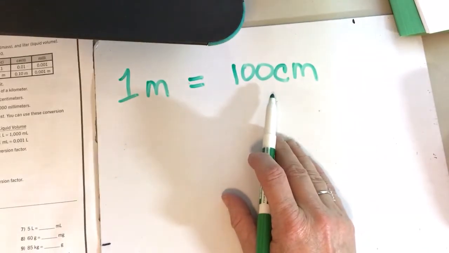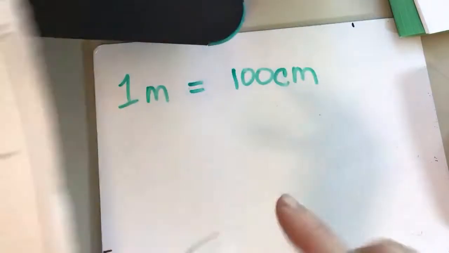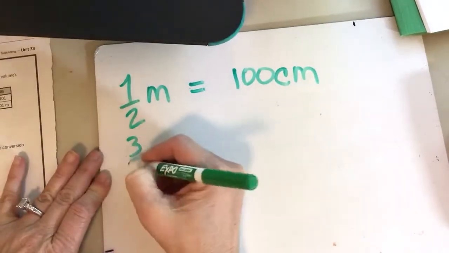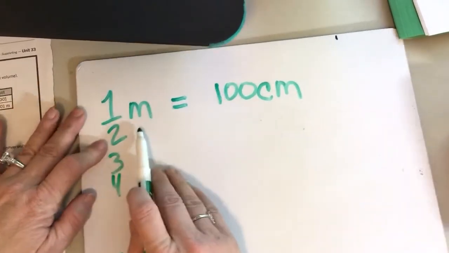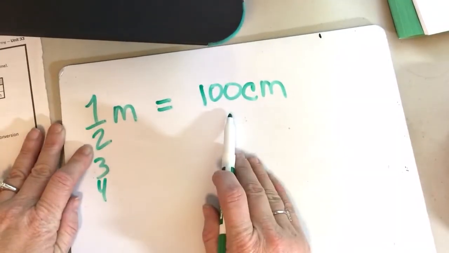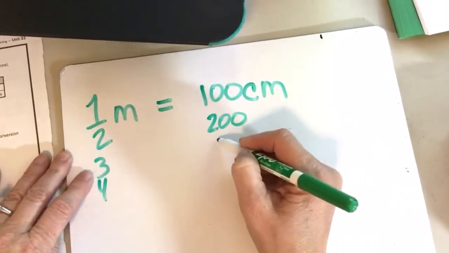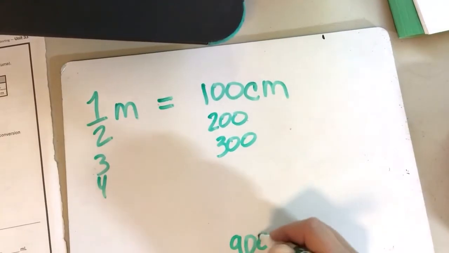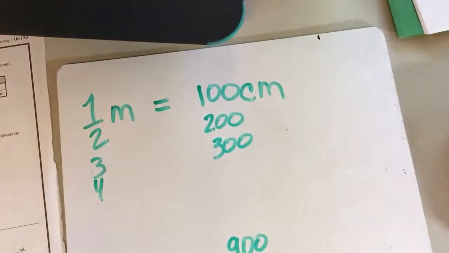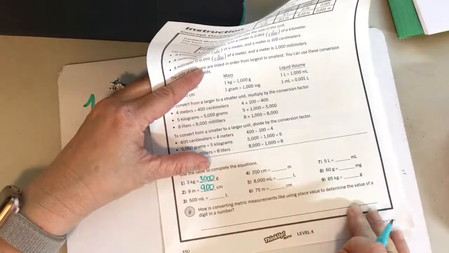So in my table, I'm trying to get from 9 and figure out what that is. Basically, 2, 3, 4, 5, 6, 7, 8, 9, right? Well, if 1 meter is 100 centimeters, then 2 meters is 200 centimeters, and 3 meters is 300 centimeters, and so on, until I get that 9 meters is 900 centimeters.